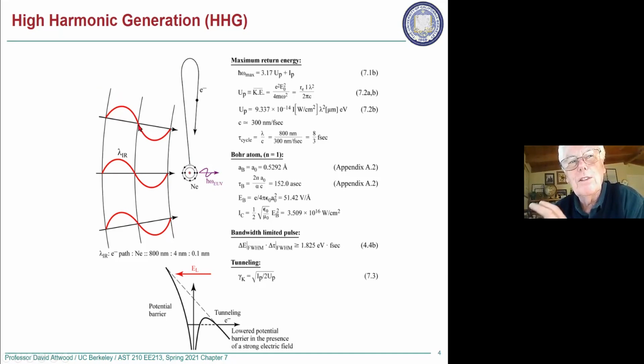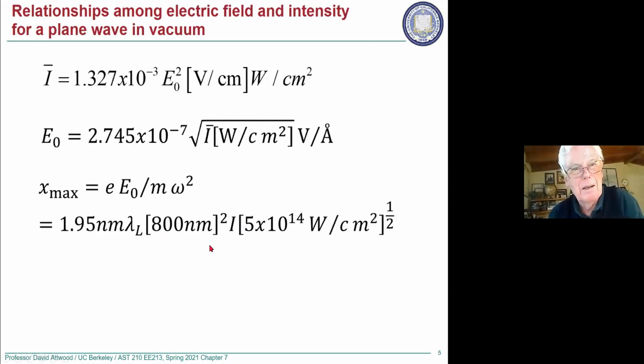But then the field reverses, and it eventually slows the electron down till it turns around and comes back. And if it was born exactly at the peak of the pulse, it returns with exactly zero kinetic energy. It gained nothing. What it gained, it lost. So we're going to see that there's some optimum time of birth, of when the electron gets out through the tunneling process. Yeah, great question, thanks.